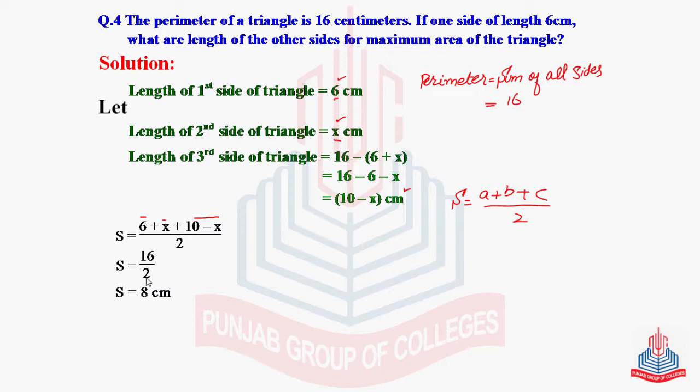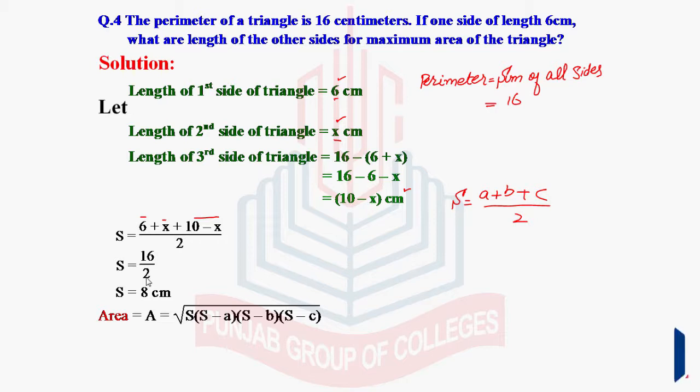Why do we calculate the value of S? Because the area of the triangle is the square root of S into S minus A, S minus B and S minus C, where A, B, C are the sides of the triangle. So just put the value of S, A, B and C. S is 8, A, the first side, is 6, B, the second side, is x, and the value of C, the third side, is 10 minus x.